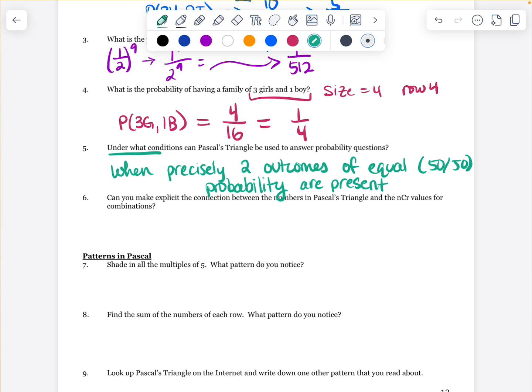So if you knew that one outcome had even the slightest likelihood more than the other to happen, you couldn't use this triangle, okay?